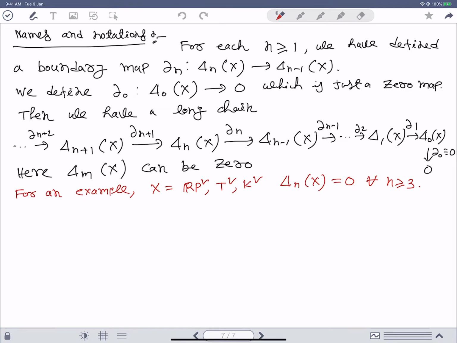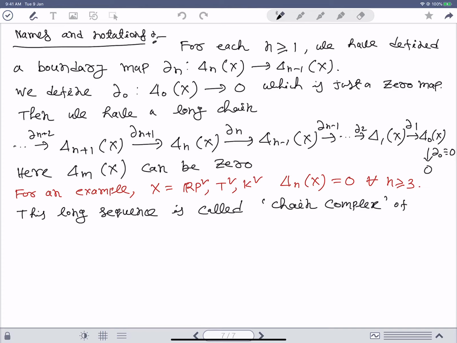So we have a long sequence. Now this long sequence is called a chain complex, or we can say the chain complex of the topological space X. When we talk about a chain complex of X, you can think of an infinite sequence, this one, where it can be 0 after a finite step.